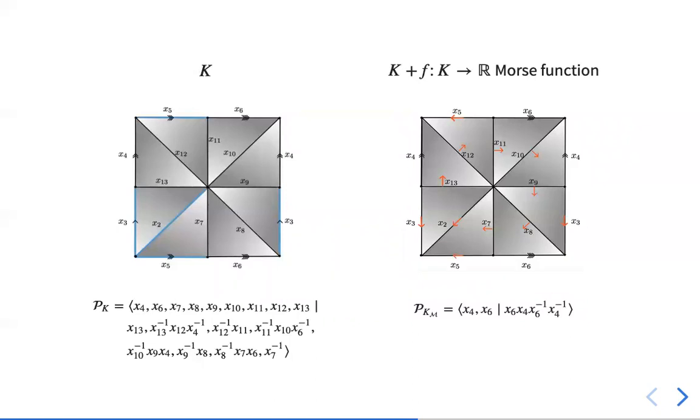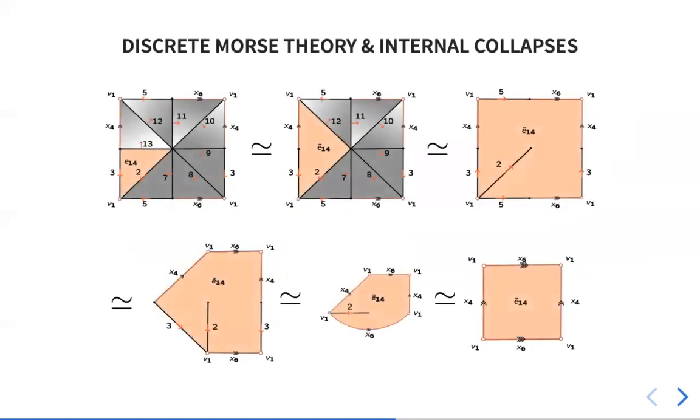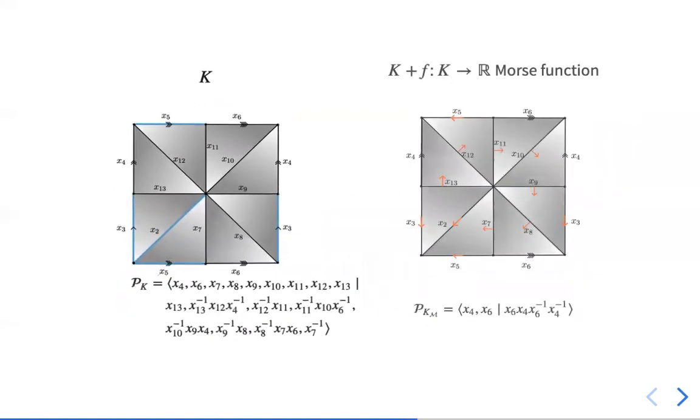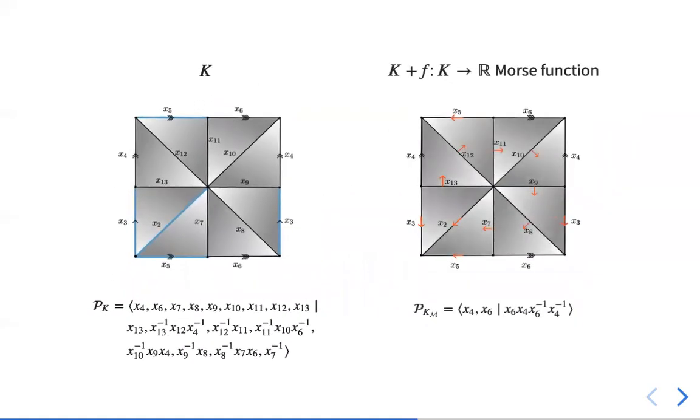If you compute the Morse complex, and then you compute the presentation of the fundamental group, this is the presentation that you obtain. This is a presentation associated to this complex, right? So if you are allowed to compute the attaching maps of the two cells, then you can obtain this very small presentation of pi1, okay?